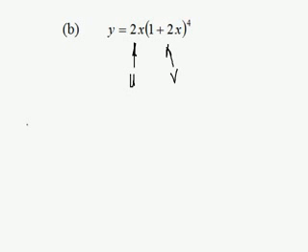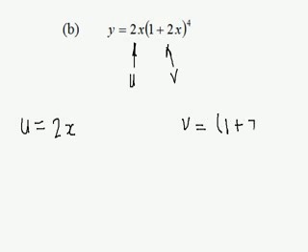Okay. So just working for this, now what we have is U is equal to 2x, okay, and over here we got V is equal to (1 plus 2x) to the 4. Okay, so we need to find du/dx and dv/dx, alright, to use the product rule on this expression.